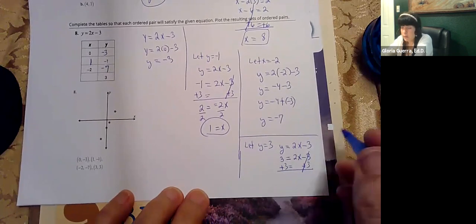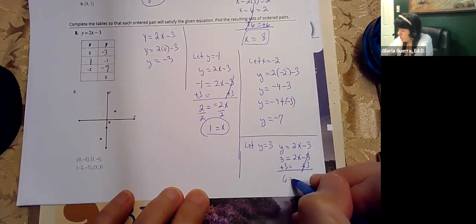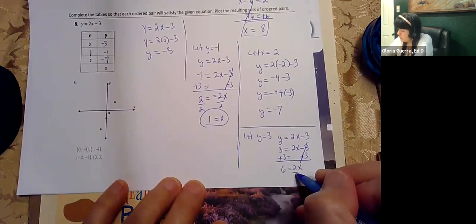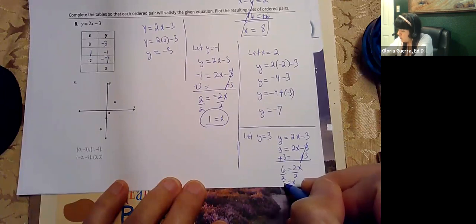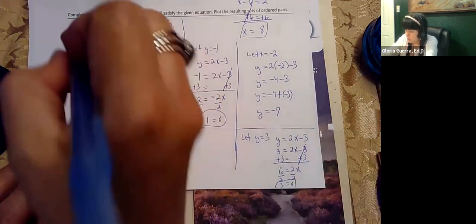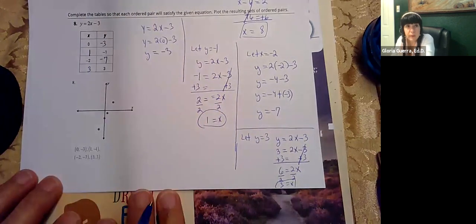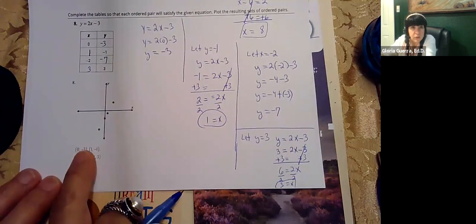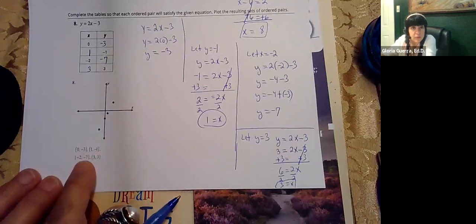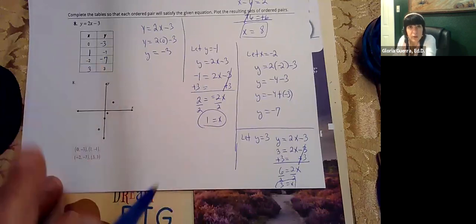These fall out. 3 and 3 is 6 equals 2x. In math, you undo times by division. You divide by 2. And 6 divided by 2 is 3. So it looks like you get 3, 3. And these I can check: 0, -3; 1, -1; -2, -7; and 3, 3. So these check out.